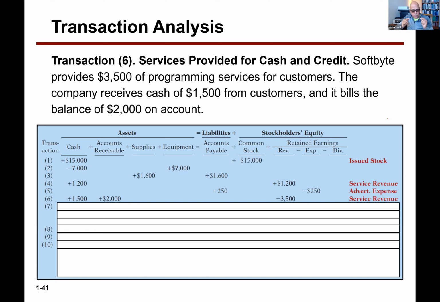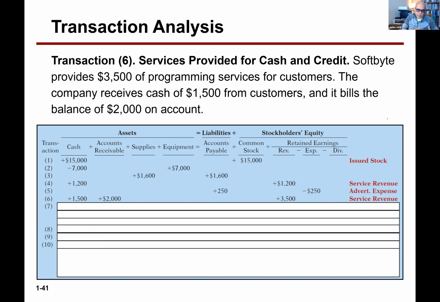So, two important things to really start to get clear in our mind from the last two transactions, transactions 5 and 6 here. Notice we took an expense, even though we hadn't paid that bill yet, and we took a revenue, even though we haven't fully received the cash.